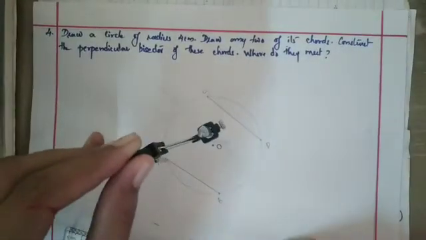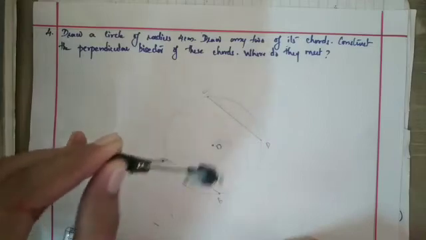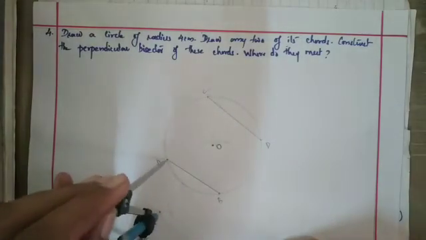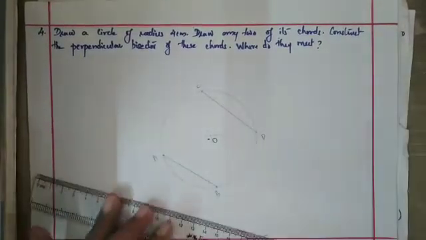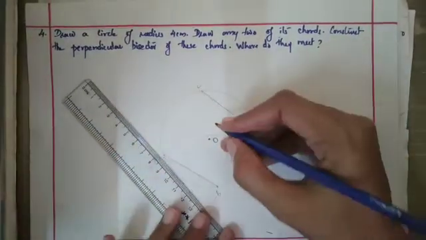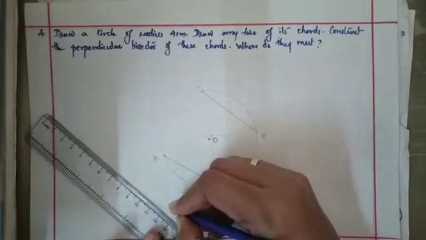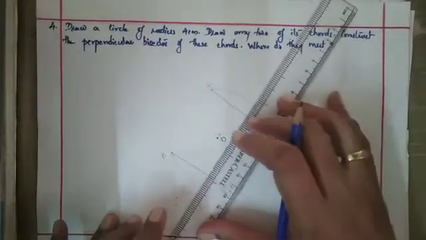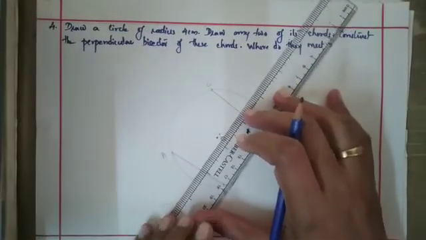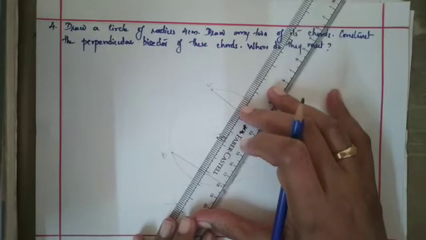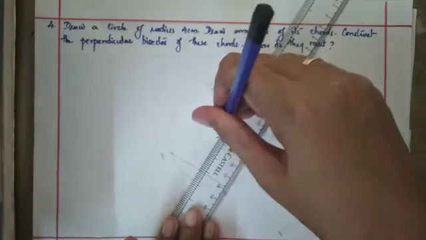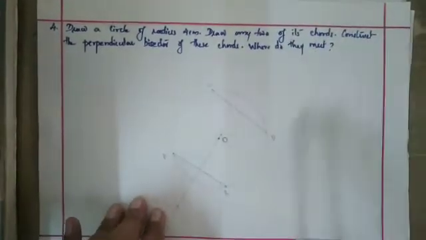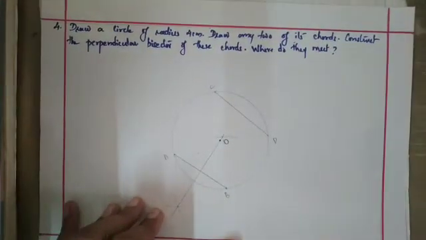Above and below the line segment. Then join the point of intersection. Then take the compass.